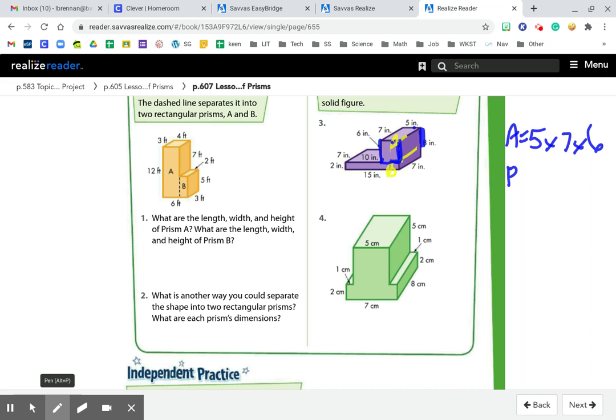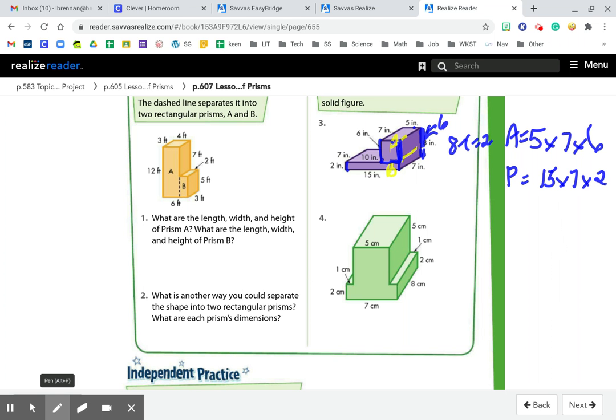And for the bottom, for B, the length is 15. The width is 7. Those are clearly stated for you. And you need to find the height, this tiny little piece here. You can take what you had here, which was 6, and subtract it from 8 to get 2. You could do some math that way, or you can look for opposite sides, and you can see there's a 2 over there.